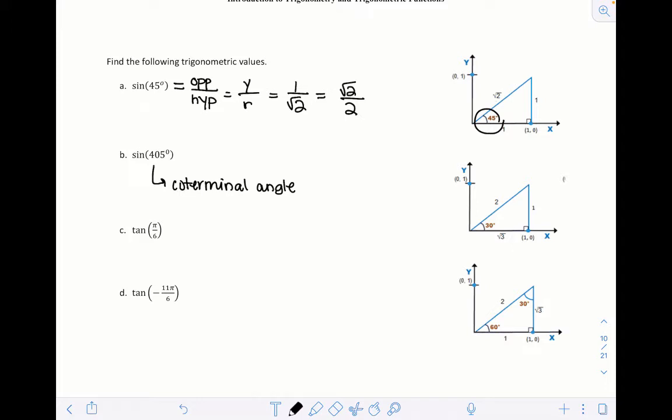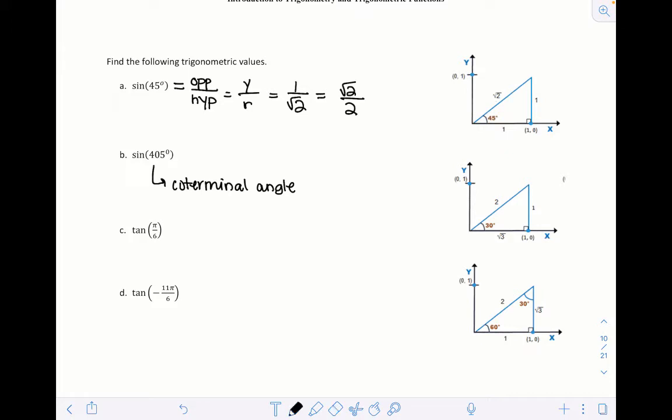So if I go back to that top angle, this is 45 degrees, but if I rotated 45 plus 360, that would just end up with a line in the exact same spot. So the trig value can still be represented by that same triangle that we have there.